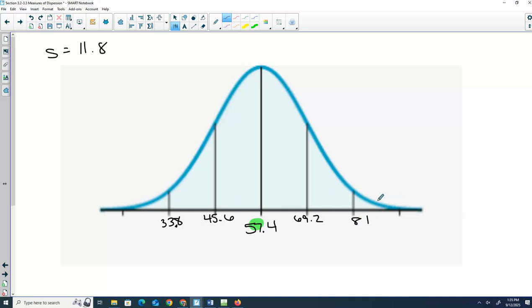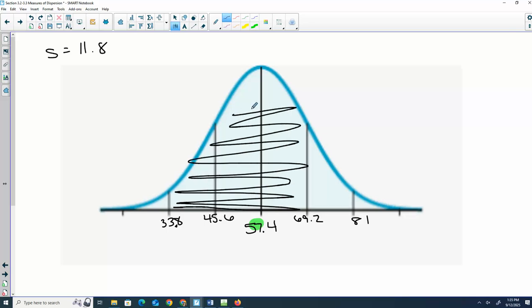Alright, do you guys see how I'm getting these? I want everything between 34 and 69.1. So it would be these three bars. Now this thing is symmetric. We know that in the first standard deviation we have 68%, right? So that means each of these rectangles is representing 34.